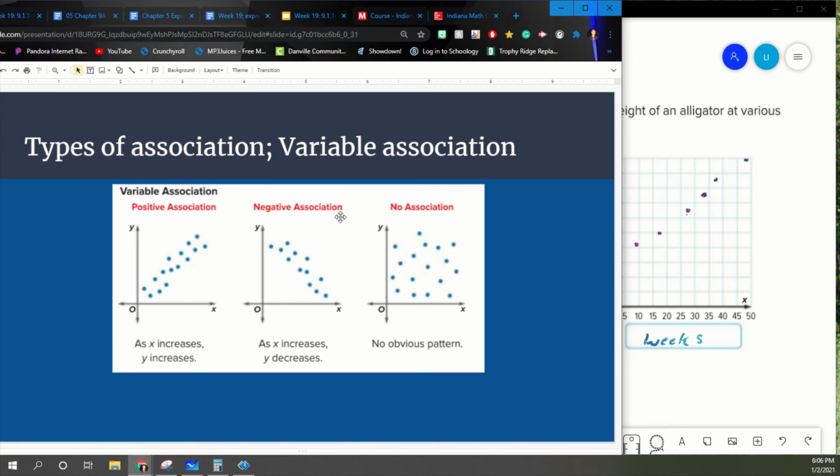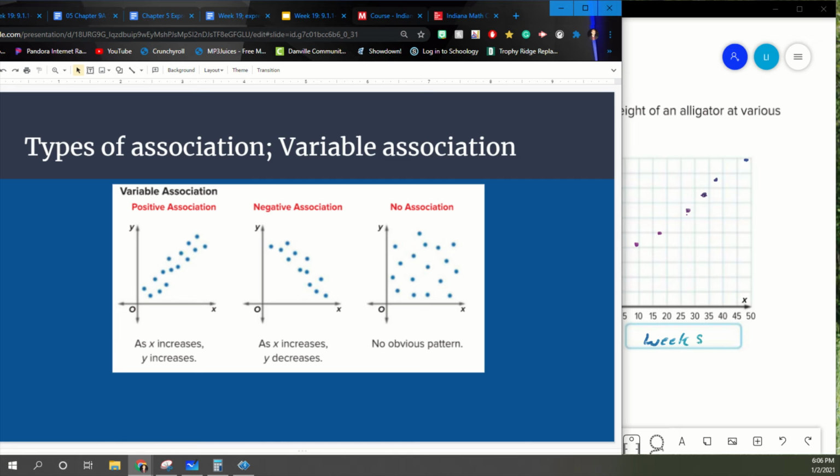It's going down, so it's negative. And no association. There's no real association here. The two things, my x and my y, my two variables, are unrelated because it's just a random assortment of points. So there's no association.